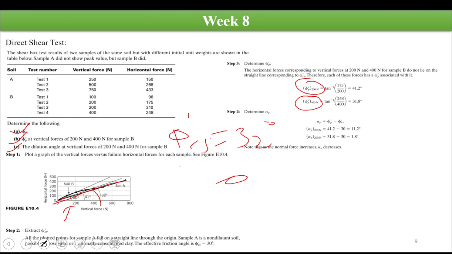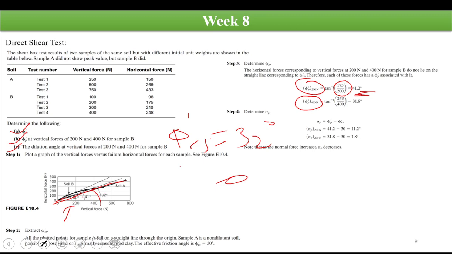Corresponding to 200 Newton vertical force, we have a horizontal force of 175. So we'll determine the angle as tan inverse of horizontal force upon vertical force, tan inverse 175 upon 200, which is 41.185, that is equal to 41.2 degrees.